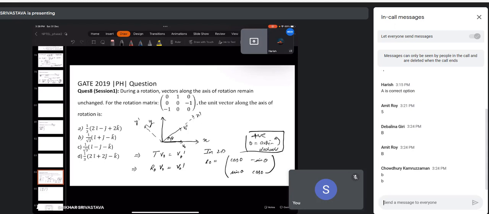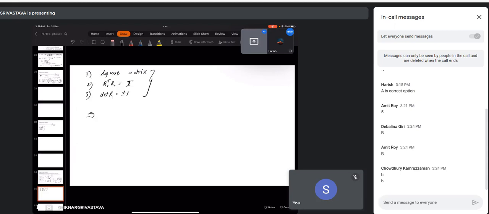During a rotation, that means a rotation matrix is acting on some vector. This kind of transformation we know. They are saying that during some rotation the vectors along the axis of rotation remain unchanged. That is, we are getting the same vectors. There is no change in the vectors even after rotation.